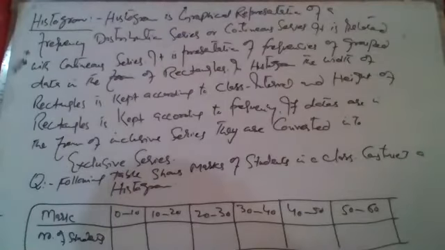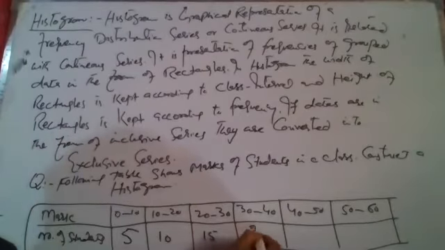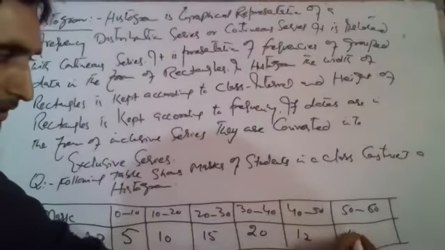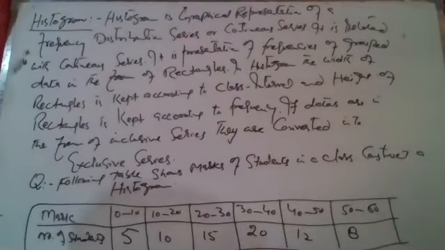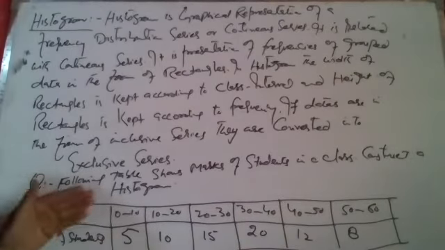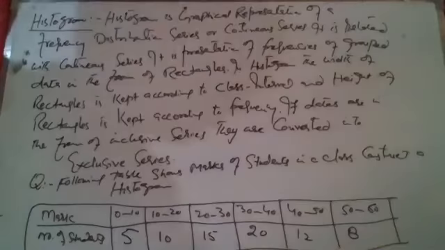We have number of students as, for example, 5, 10, 15, 20, 12, 8. So this is the data, grouped data. Here data are in the form of groups, it is a continuous series or frequency distribution series, and every group of data has a frequency. We have to construct a histogram.